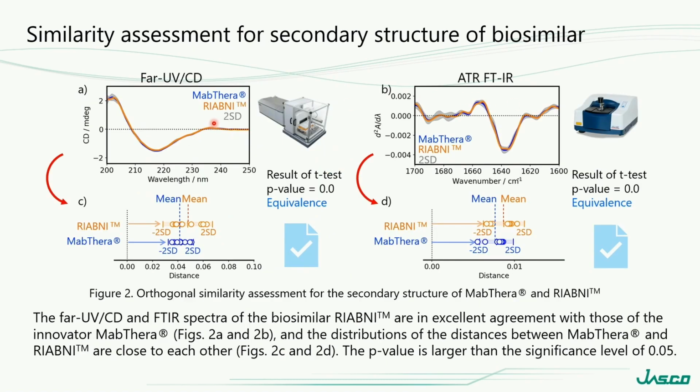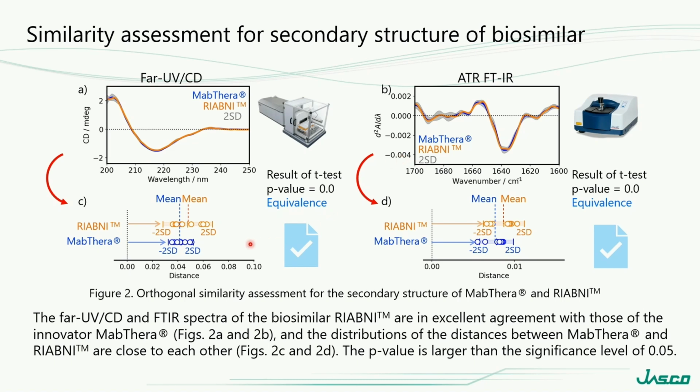Next, we tested the equivalence of the secondary structure of the biosimilar and the innovator. The left side shows far UV-CD and the right side shows FTIR results. The spectrum of the biosimilar is in excellent agreement with that of the innovator, based on the far UV-CD and FTIR results.